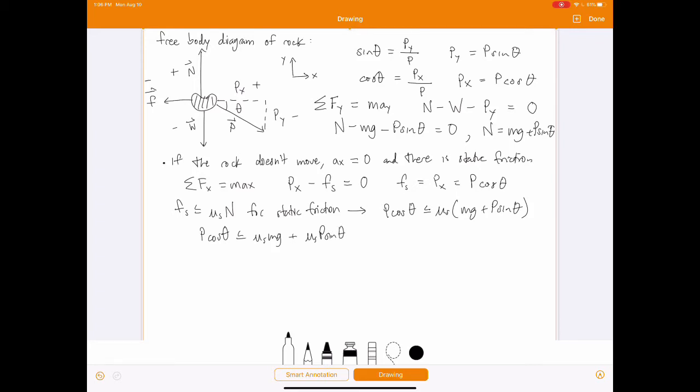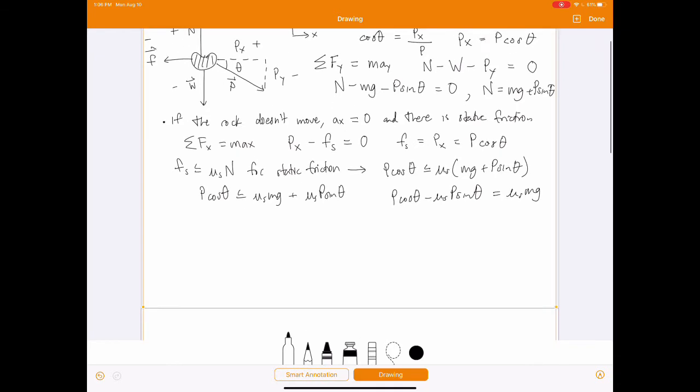So I want to get both terms with the variable p next to each other. So I'm gonna subtract the last term from both sides. So I have p cos theta minus mu s p sine theta equals mu s mg. Okay? I can pull out a common factor of p.